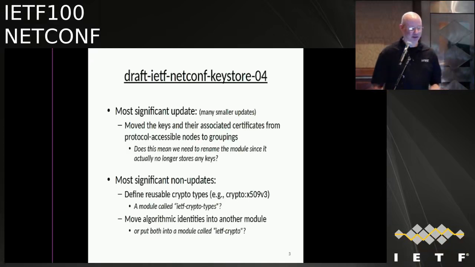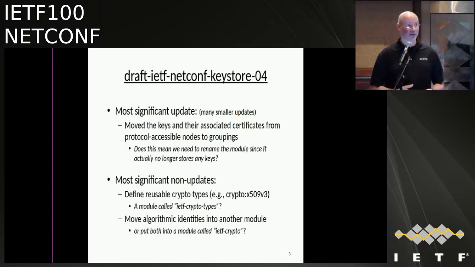Well, if you look at the next bullet point, the most significant non-update is defining reusable crypto types. This is what I mentioned in the previous presentation. A module, for instance, called IETF crypto types that would define these would be helpful. Also there was a discussion about moving algorithmic identities into another module. Where would we put those identities?